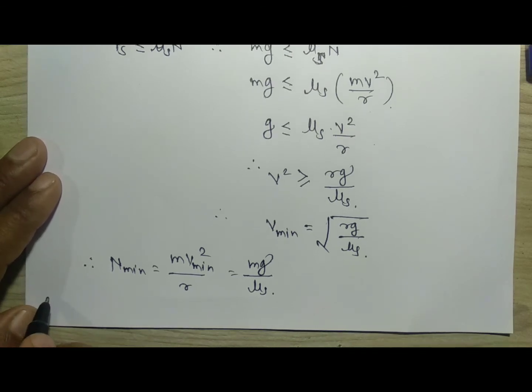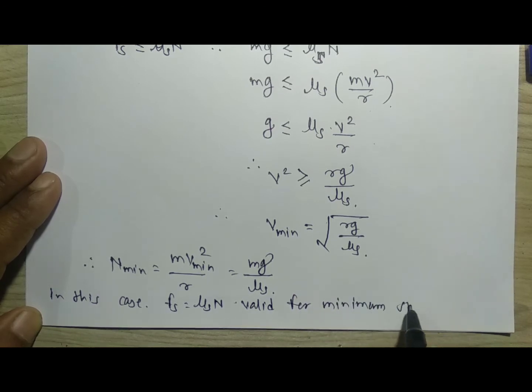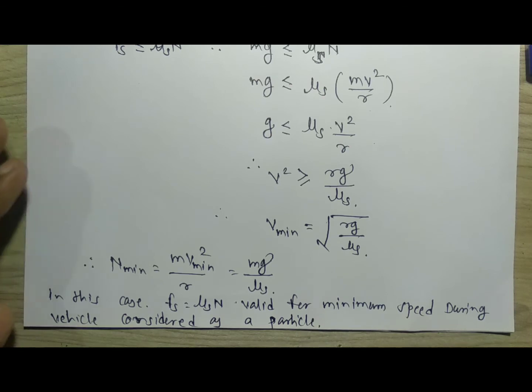In this case Fs is equal to mu s into N, and it is valid for the minimum speed, with the vehicle considered as a particle, but it is not so.